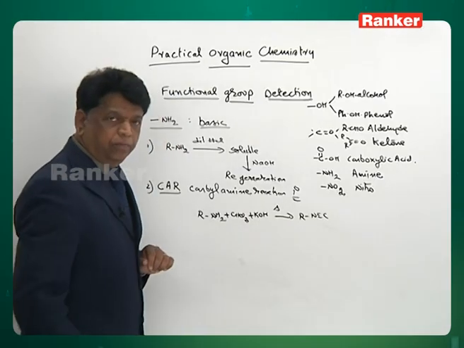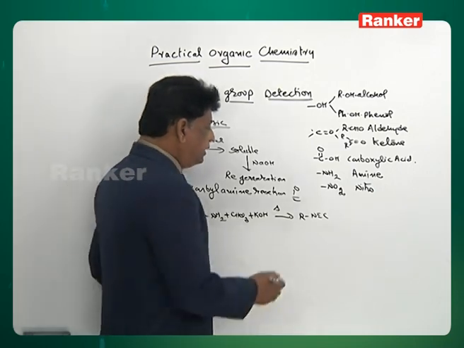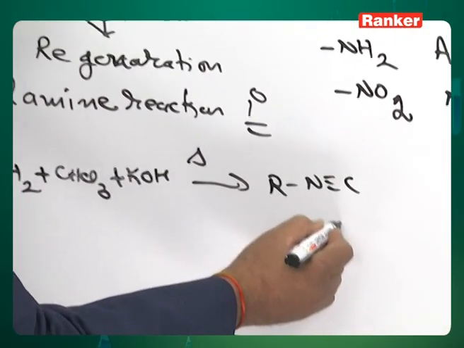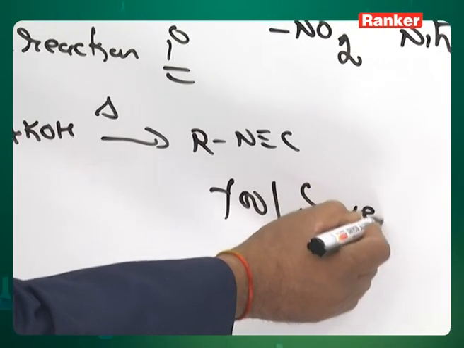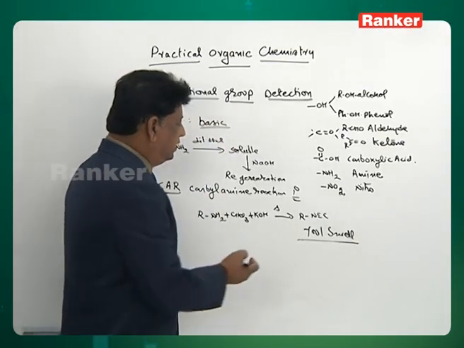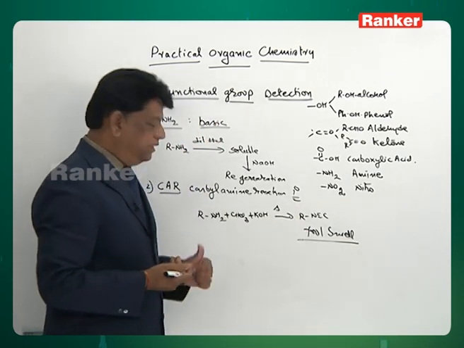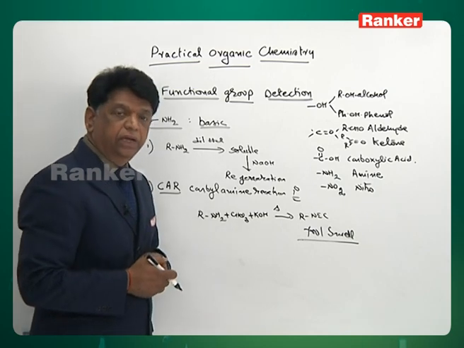These NC compounds are called isocyanides or isonitriles. Isonitriles have a foul, very bad, offensive smell. Because of this smell, one can easily identify the formation of isocyanide, thereby confirming 1 degree amine presence.